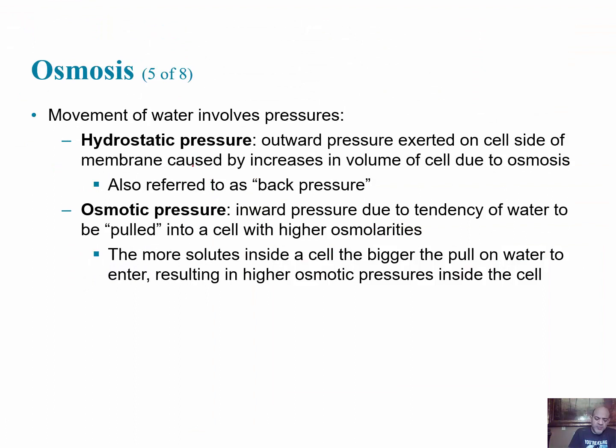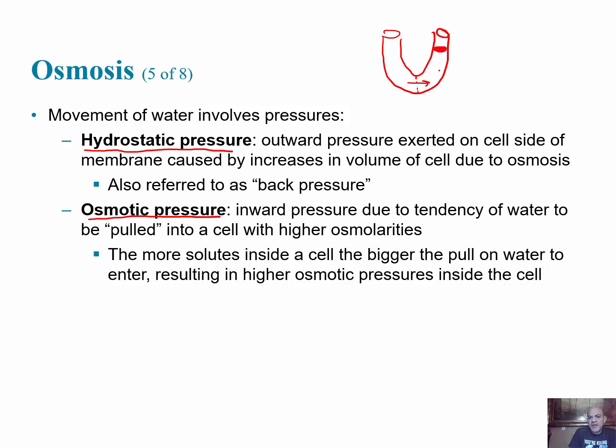So the movement does involve some pressures when it comes to osmosis, and one of them is going to be hydrostatic pressure, and the other one is the osmotic pressure. And so if we went back to that U-tube situation, where we had that selectively permeable membrane, and the water was allowed to move and more water moved to the right.